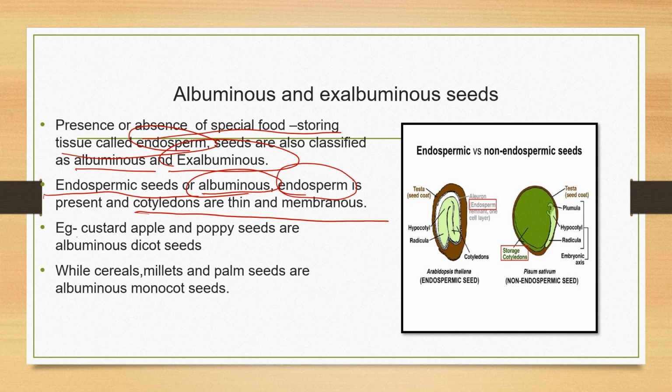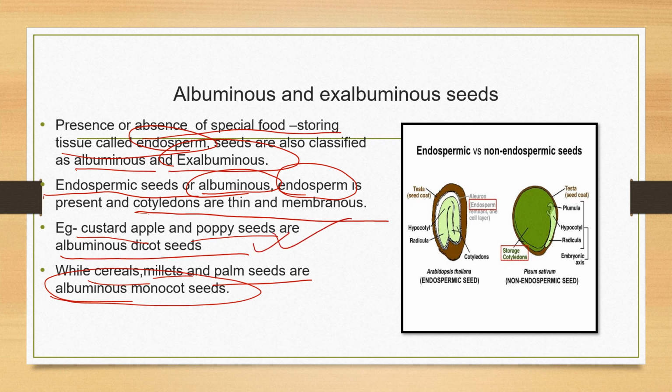Like for example, custard apple, poppy seeds are the albuminous dicot seeds, whereas the cereals, millets and palm seeds are albuminous monocot seeds. Okay, so these are albuminous dicot seeds and these are albuminous monocot seeds, that is they are having the endosperm which is being used for the special storing of the food.